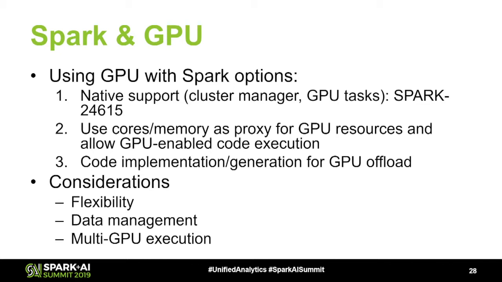So these are two completely different things. And if you're thinking about some kind of interop between a CPU-based or memory-based system like Spark and GPU code, you need to think about how the data moves between these 2 different memory systems. Multi-GPU execution is another factor to consider when picking the option.